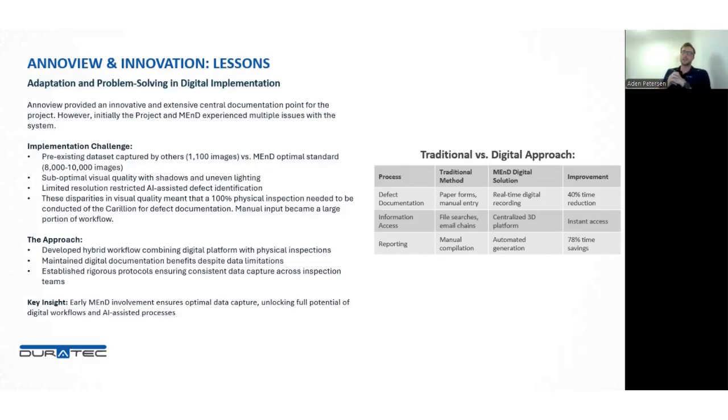At a 40% time reduction in defect documentation, we had instant access and self-serving information that replaced file searches. So although we didn't AI detect these defects, they were input into the model, which was real time. And then we've got a 78% time savings in reporting.